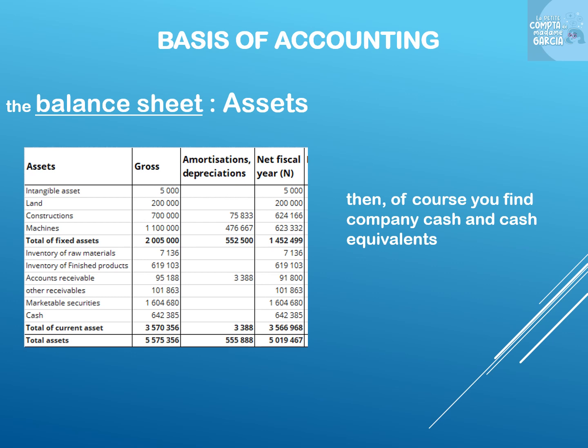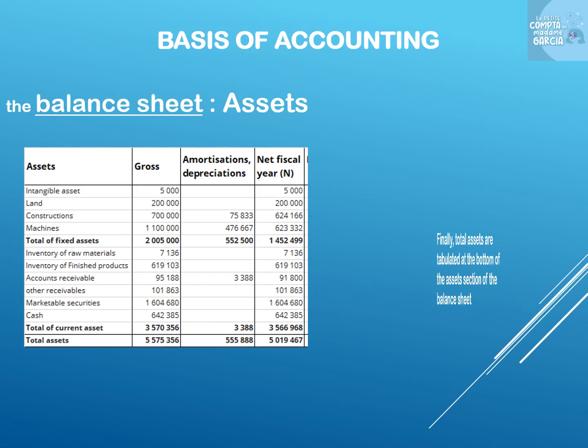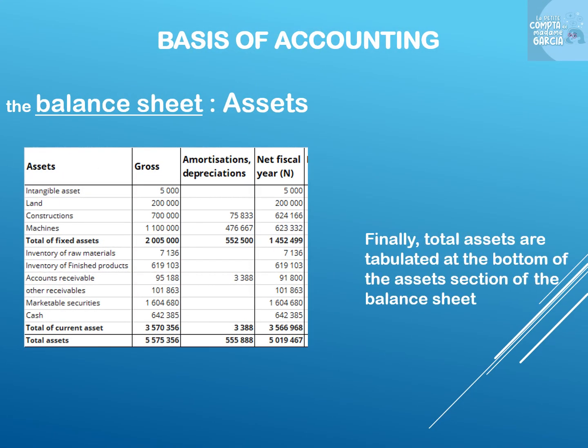Then, of course, you find company cash and cash equivalents. Finally, total assets are tabulated at the bottom of the assets section of the balance sheet.